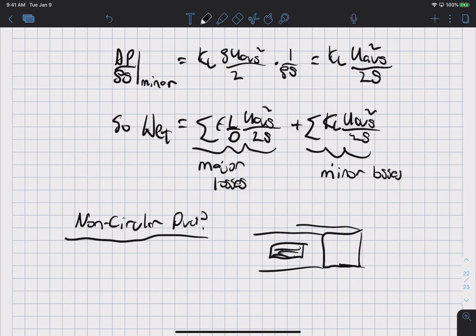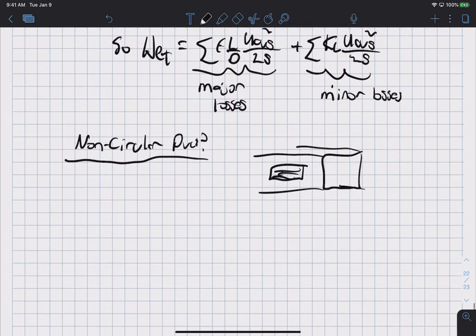Well, to first order, essentially what you can do is use what's called the hydraulic diameter, D_H.